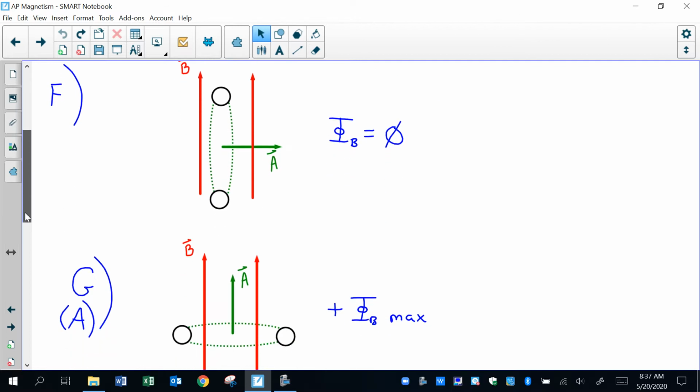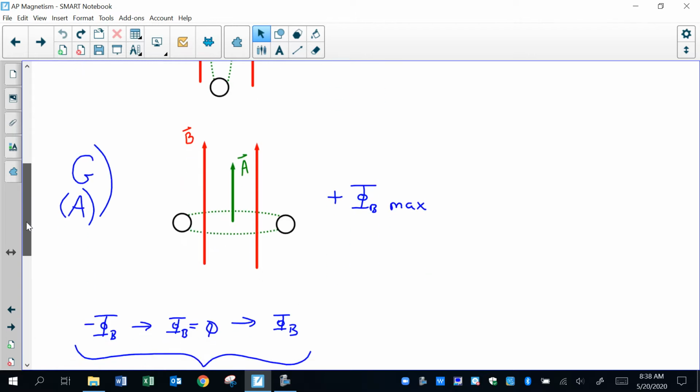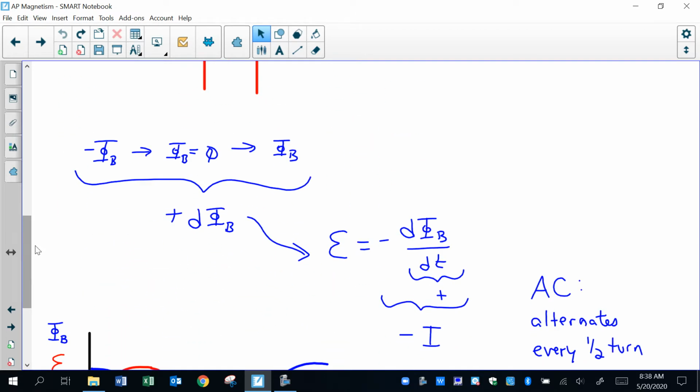From F to G, I'm going from 0 to positive. So all the way from E to F and then to G, and G is right back to where we started with segment A. E to F to G, I'm going from negative to 0 to positive. That entire change is a positive rate of change. So going from negative to 0 to positive, I end up with a positive rate change, negative sign, negative current.